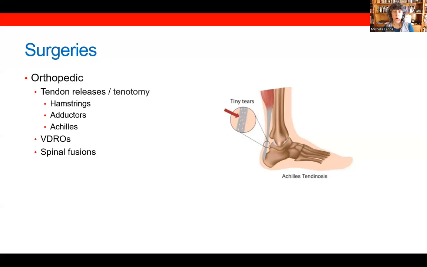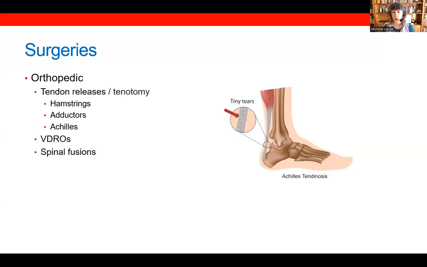In a VDRO, or varus derotational osteotomy, this is done when there's a shallow hip socket, often due to lack of ambulation in a client, and a femur that isn't very angled, and so the hip becomes very prone to dislocation or subluxation.